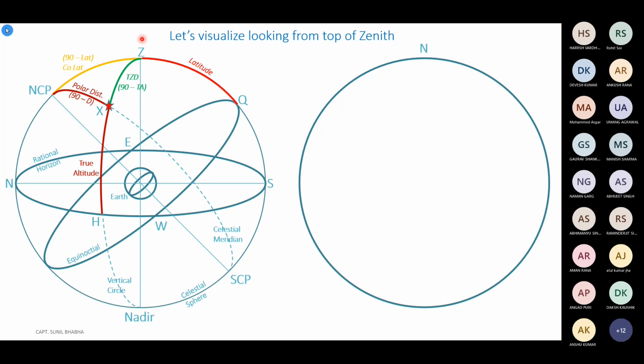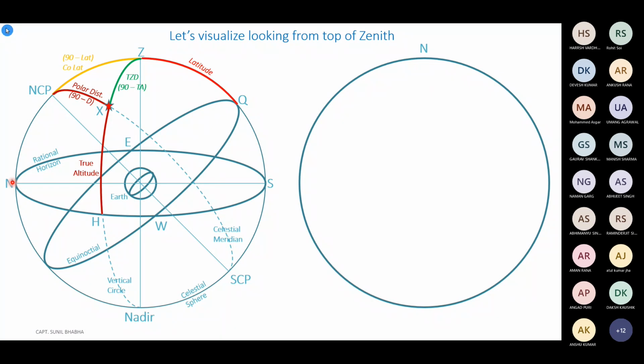Now, when you are looking from top, this was the north point. The circle which we have made on the right hand side is basically the rational horizon of the observer. When you are looking from the top, the circumference of the celestial sphere will be the rational horizon of the observer. Anything which is below the rational horizon will not be visible to us. It will go on the far side of the celestial sphere.